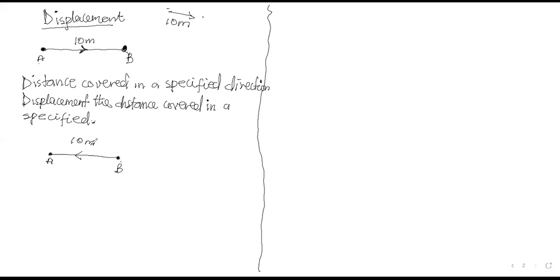How important is displacement? Imagine you want to direct somebody to your house. Maybe you met the person at the station, and the person wants you to direct him or her to your house. You can't just say, oh, my house is 500 meters from here. 500 meters where?